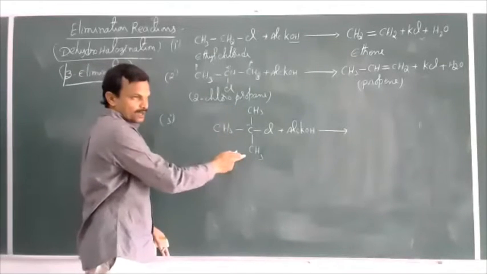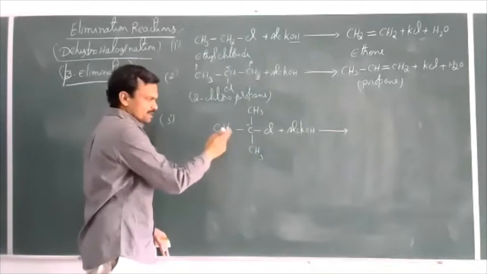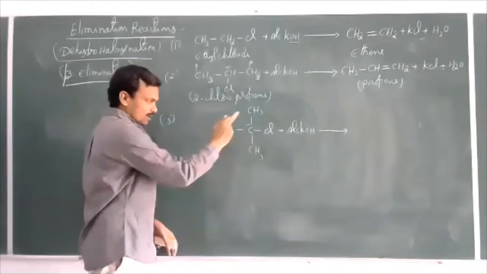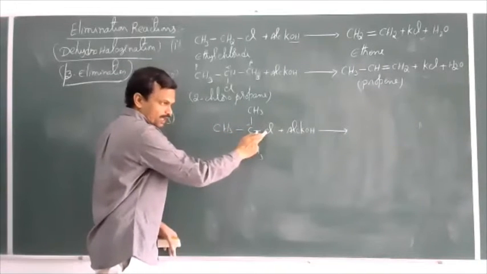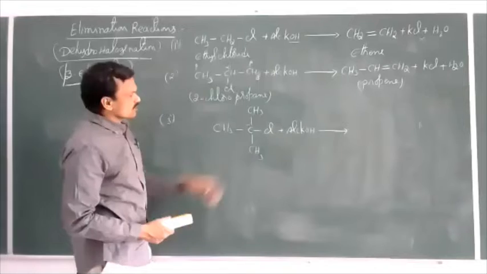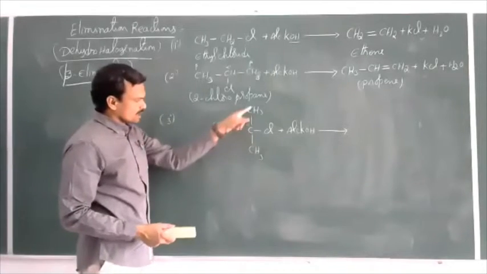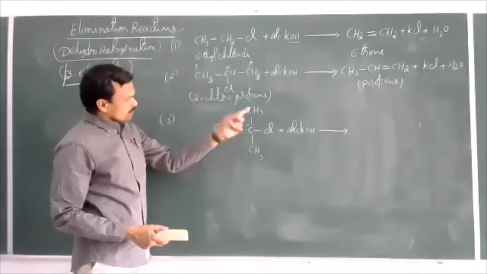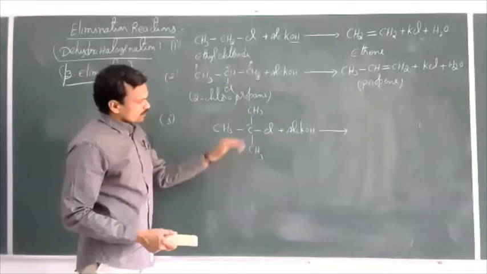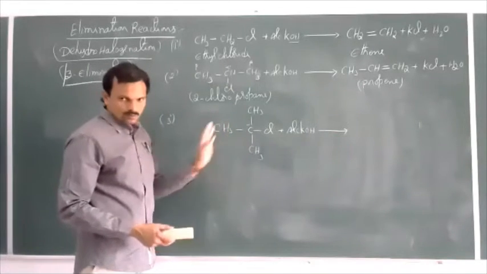These three are beta carbons, and these three beta carbons are exactly the same. So we'll eliminate halogen from this carbon, and we can eliminate hydrogen from any of these three alkyl groups. From here or here or here, wherever you eliminate hydrogen, you get the same product.